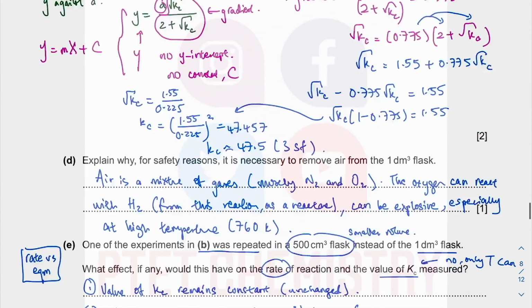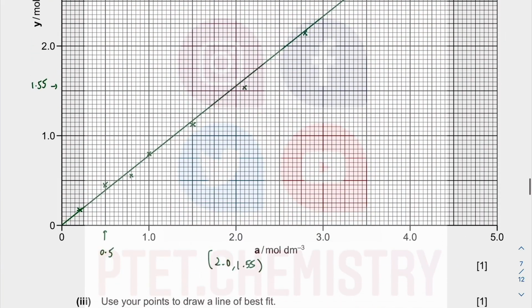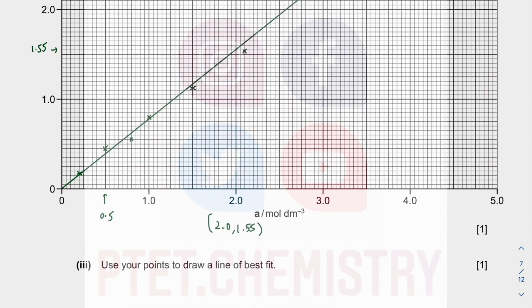So that means our gradient, which was a ratio of the product and the reactants, would be less steep, because we will have less of the product compared to the reactant, because the value of Kc would have decreased.